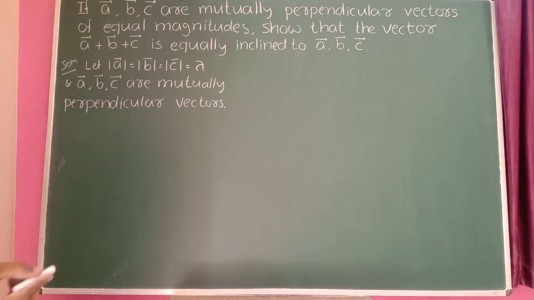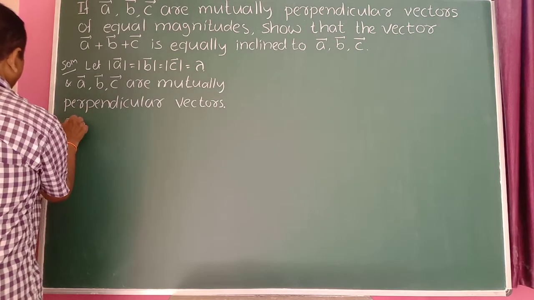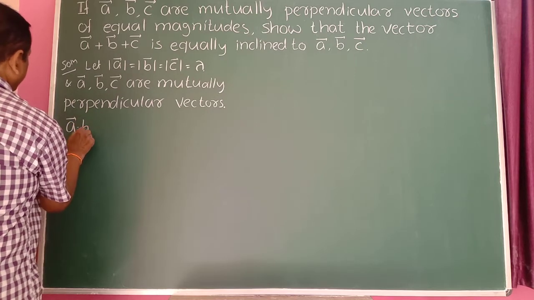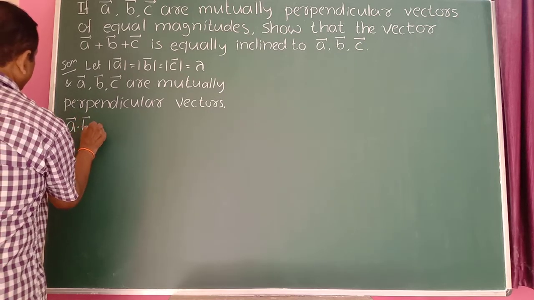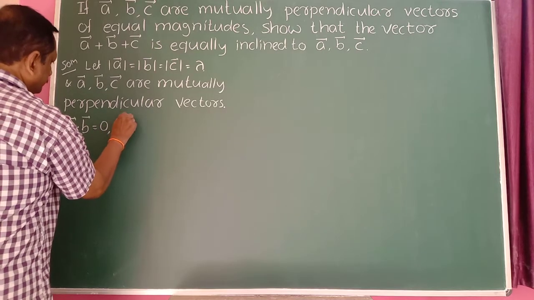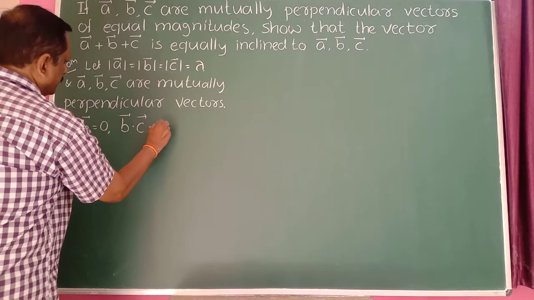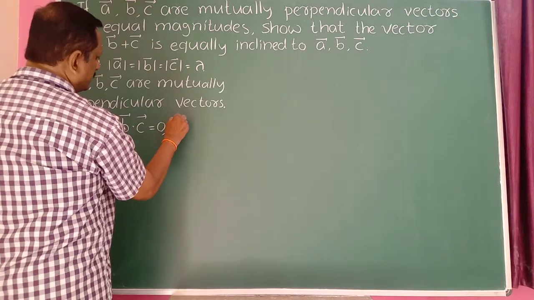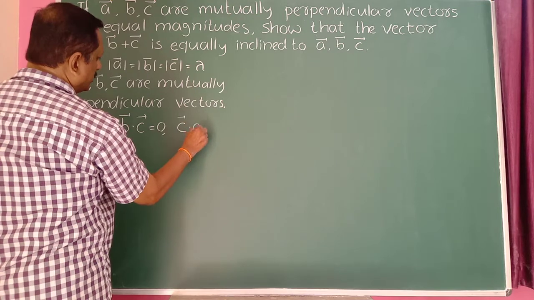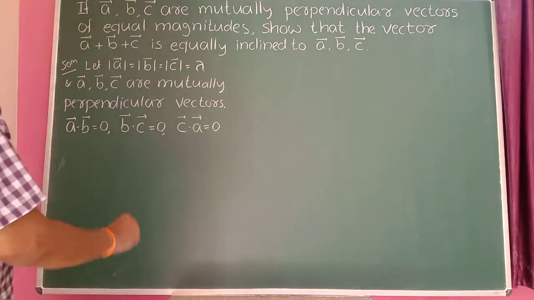So therefore, the dot product is 0. Hence, A bar dot B bar is equal to 0. Then B bar dot C bar is equal to 0. Then C bar dot A bar is equal to 0.